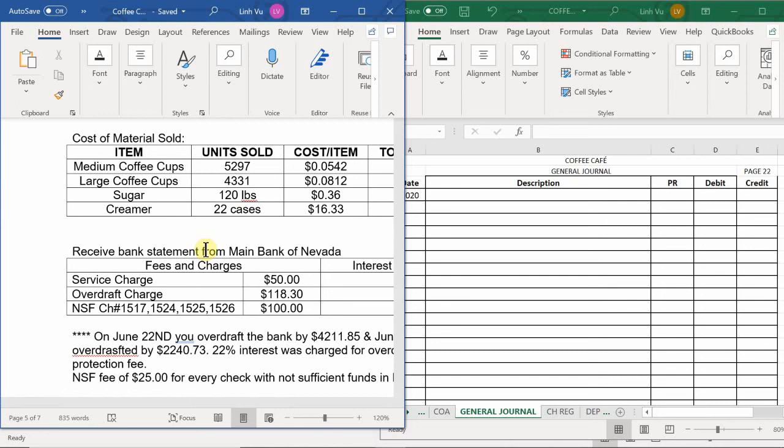If you've kept track of it in your ledger, you should get a grand total of 5,297 cups sold, right? And same thing for the large coffee cups. We sold a total of $4,331. And for the sugar, we used 120 pounds. And then for the coffee creamer, we used 22 cases.